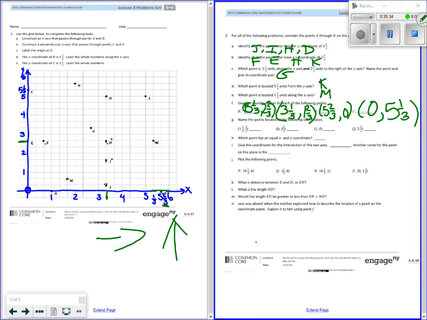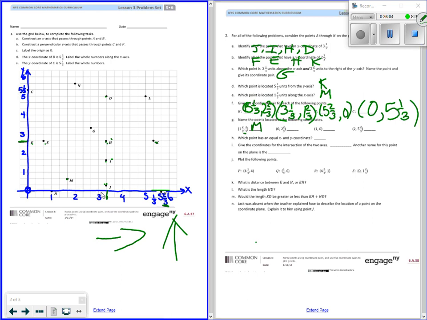All right. So what point is that, 1 2/3 and 2/3, Abe Smith? What is here? M. You go to the right 1 2/3, you go up 2/3. M. 0 and 2 2/3.